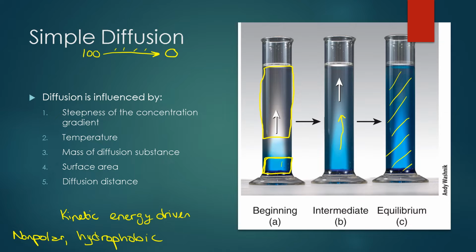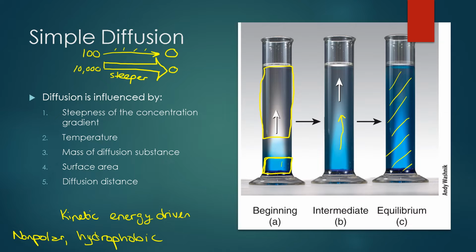But on the other hand, if we have 10,000 molecules and then 0 in another area, it's going to move much faster. So this is a steeper gradient, a larger difference in concentration between the two values.